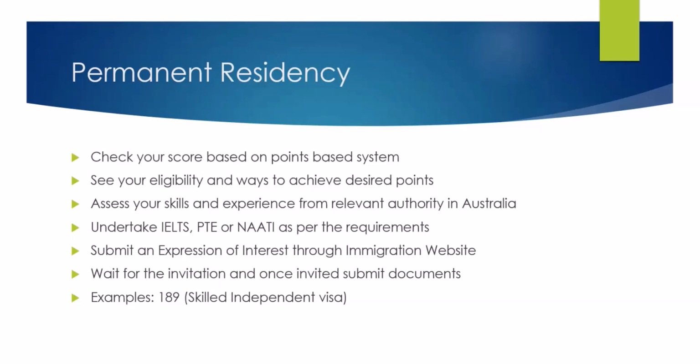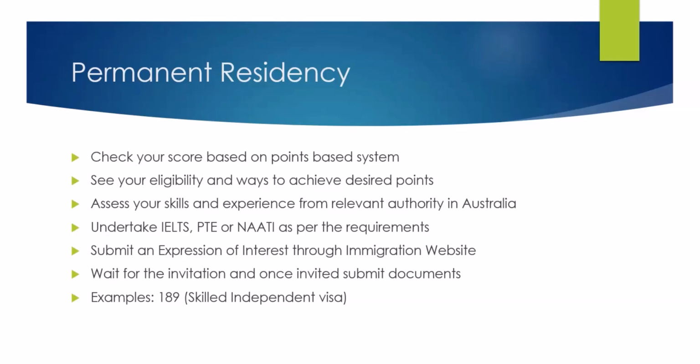Engineers might need to get in touch with Engineers Australia to get their degrees or experience assessed on whether they are relevant in Australia. However, there are different methods through which you can apply for permanent residency. In this case, we are actually leaning more towards 189, that is the skilled independent visa. This is the most popular way among people that apply from overseas to obtain a permanent residency.